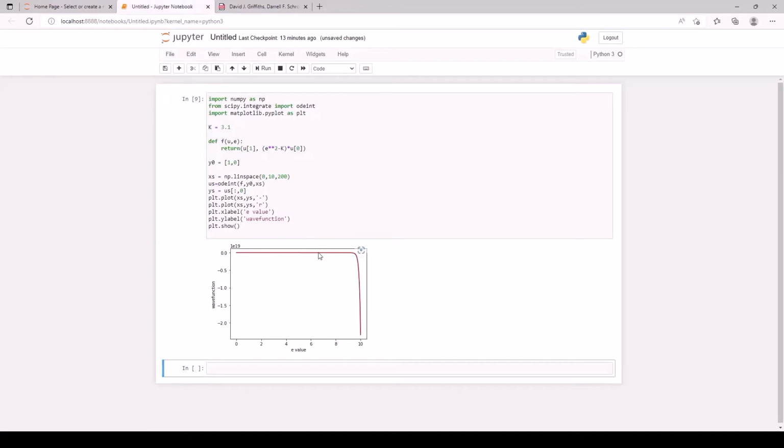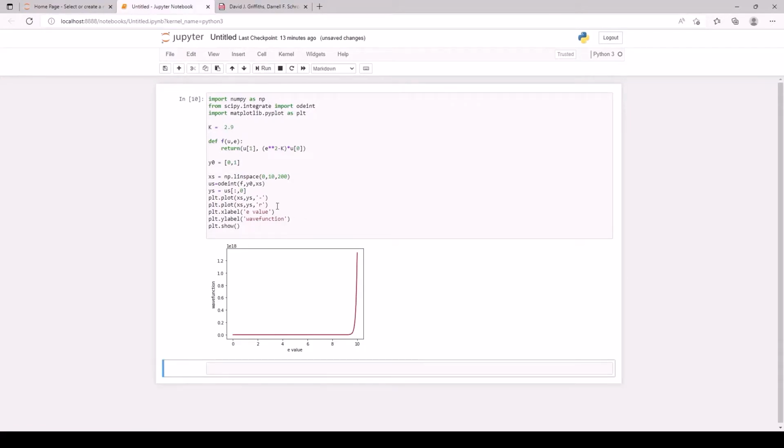So that implies that k equals 3 is not a valid solution for this set. And the reason why it's not a valid solution is because I didn't switch my initial conditions to correspond to an odd wave function. So let's switch this around and let's go back to using 2.9.